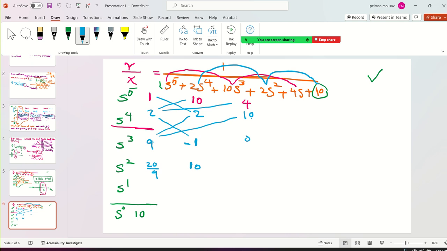Now this line: this multiplied by this minus this multiplied by this, divided by this. It's going to be 20 divided by 9 minus plus 90 divided by 20 divided by 9.